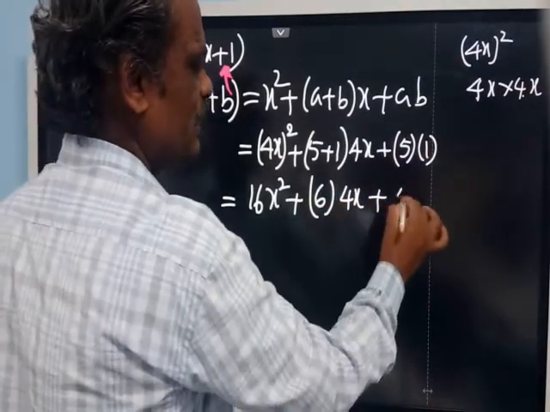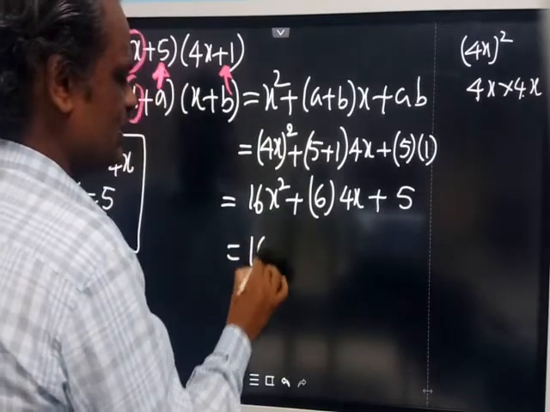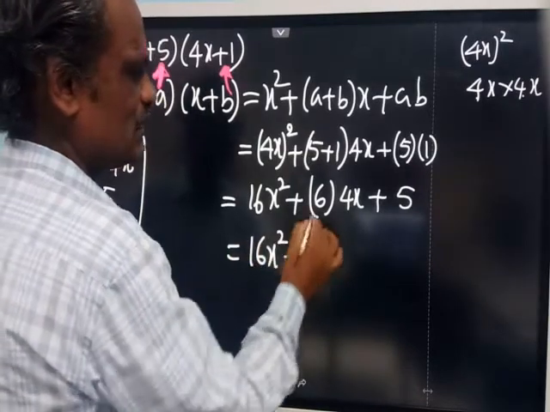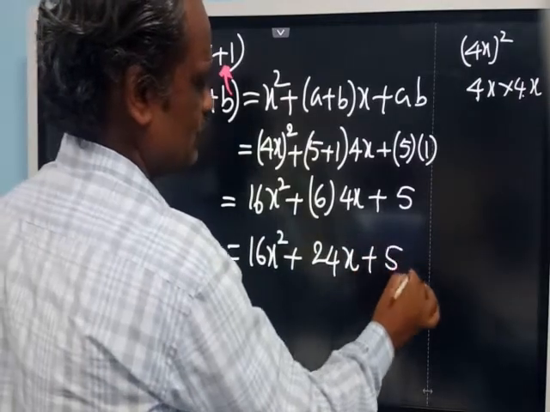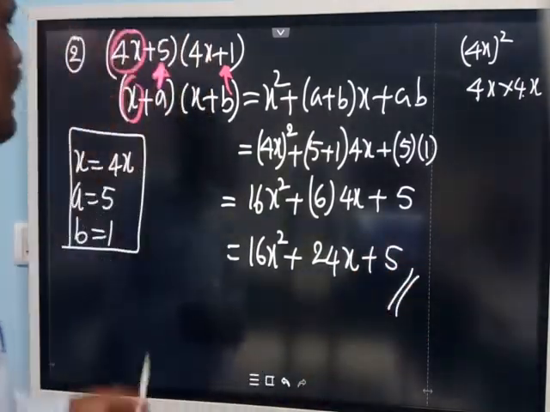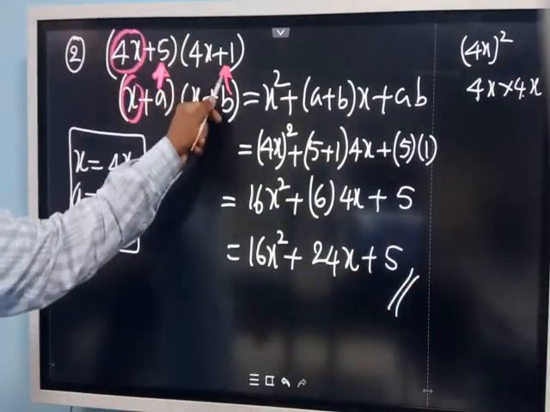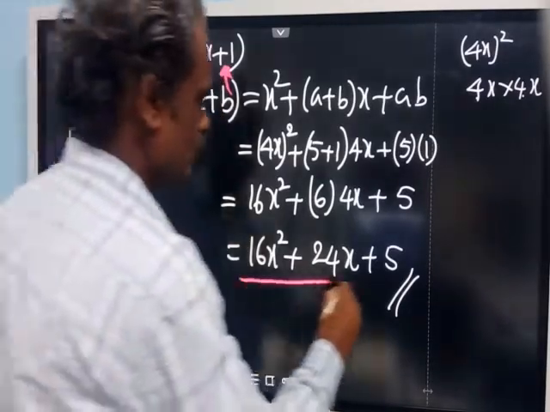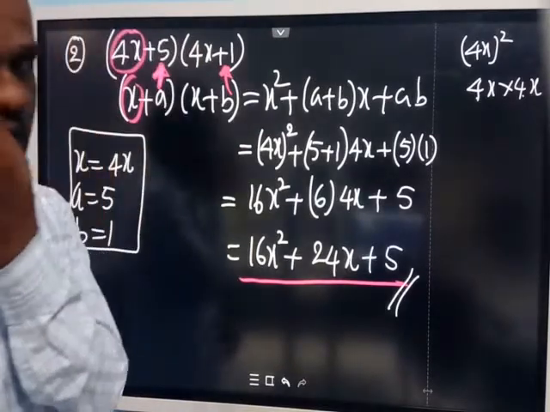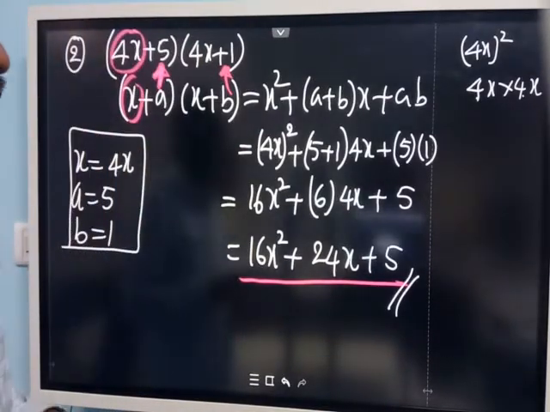Then 5 ones are 5. So if you simplify this one, 16x², 6 fours are 24, 24x + 5. This is the product. When you multiply (4x + 5) and (4x + 1), you will get 16x² + 24x + 5 as the product.